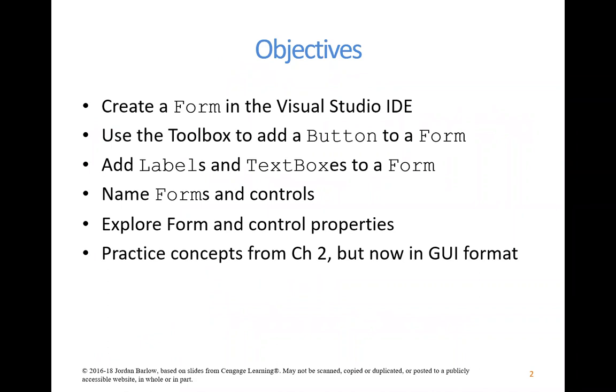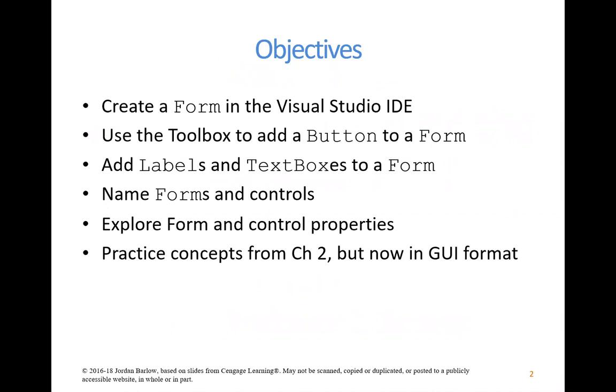We're going to create a form in the Visual Studio IDE and add some buttons, labels, and text boxes to it. We're going to talk about naming conventions and properties that you can change, and how we add some code that will be executed when you click on the button, and using labels and text boxes for input and output.